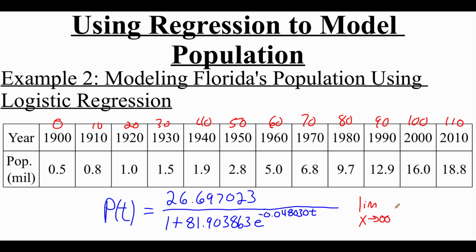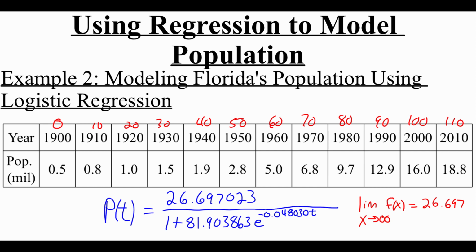So as x approaches infinity, then we're actually going to have a horizontal asymptote happening at that 26.697 value. So we can consider that to be the maximum sustainable population in Florida. So that means that's about as many people as they have room for and resources for.